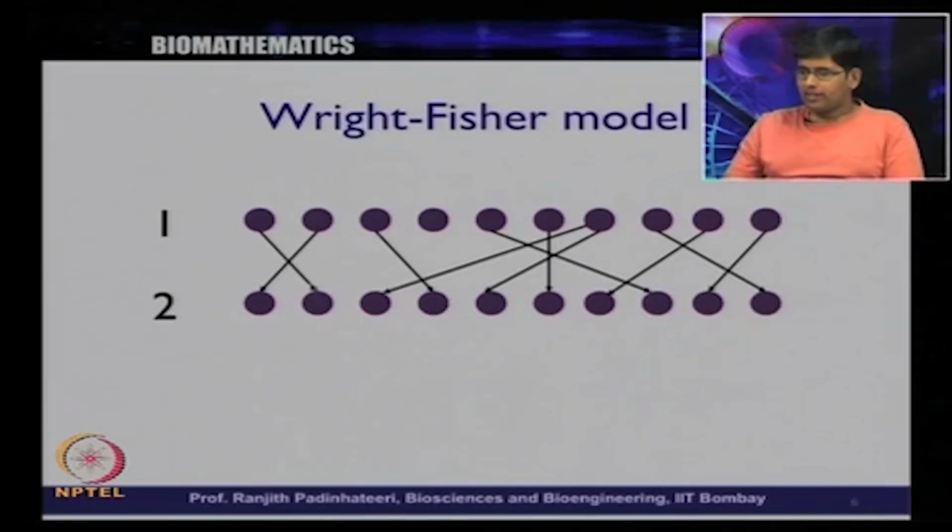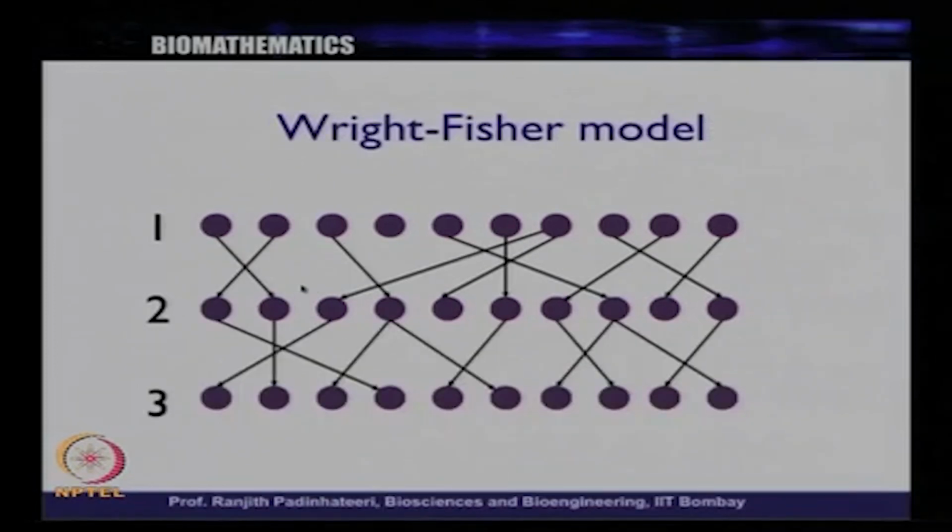Now, if you can continue this, you can go to the next generation. So you can have these 1, 2, 3 generations. Again, you choose one individual and randomly draw an arrow, choosing the parent randomly.